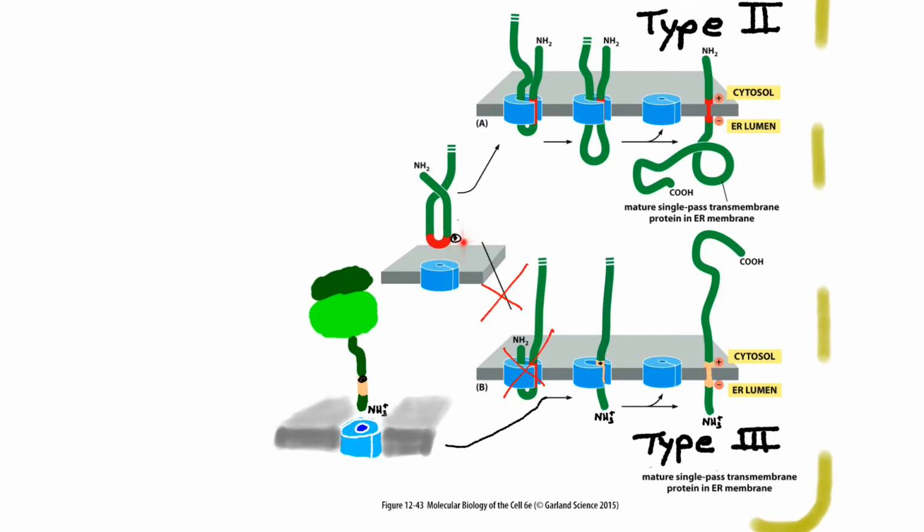Again, that is a positively charged region, one or more positive amino acid residues followed by a hydrophobic stretch about the length of the cytoplasmic membrane, or the ER membrane to start out with. So that's going to be here. And if you make that at the membrane in the translocon, then there's going to be an intermediate here.